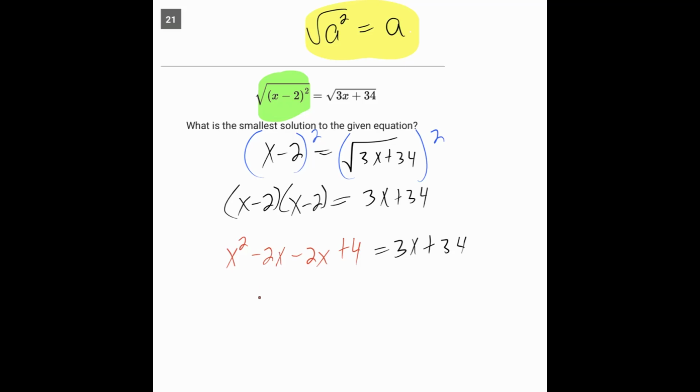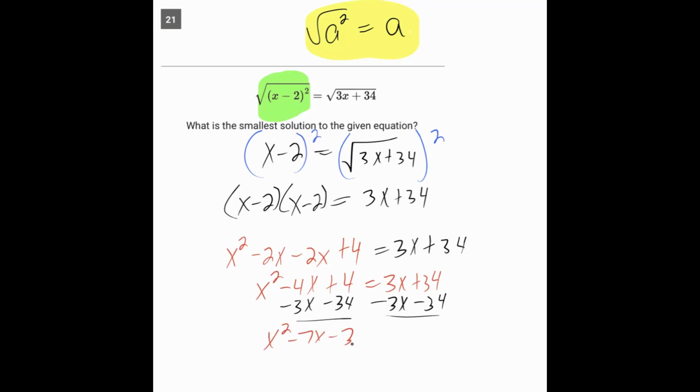Minus 2x and minus 2x is minus 4x. Now we have a quadratic, so we can get everything on one side equal to 0. So minus 3x minus 34, minus 3x minus 34. And we have x squared minus 7x minus 30 equals 0.